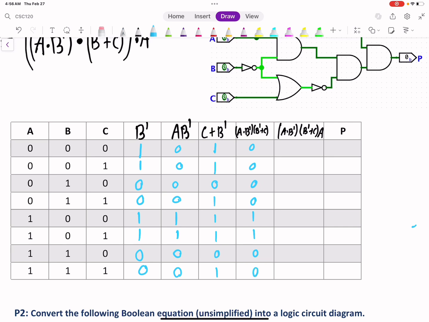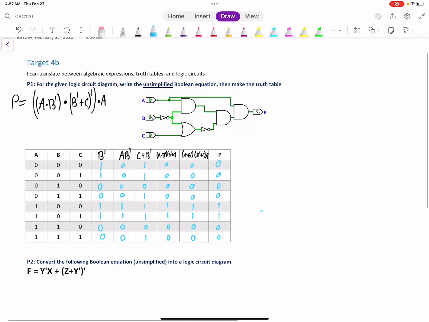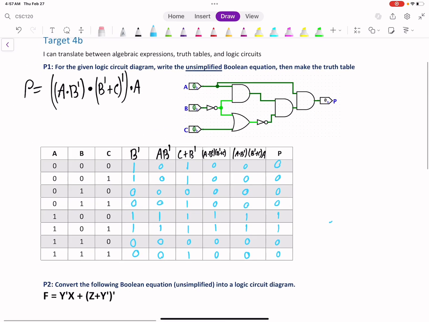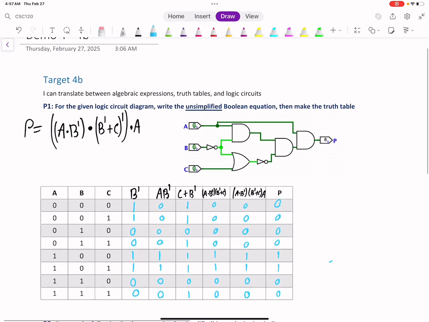Then we're going to do the same thing here, but we're going to multiply these numbers by A. 0 times 0, 0 0 0 0 0, and then we can have a 1 here and a 1 here, then a 0 and a 0. And that's the same thing for P basically. I just accidentally added one extra row in my truth table, but that's all it is. That's the truth table and the expression.